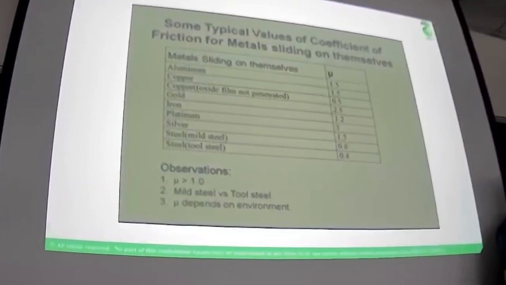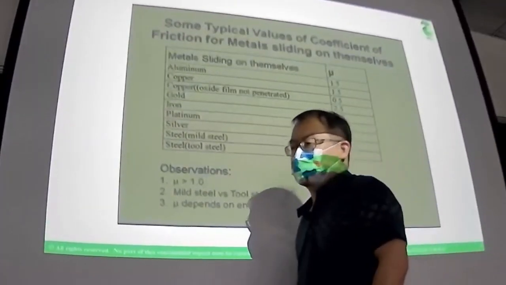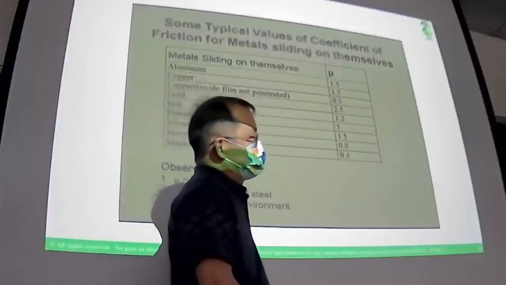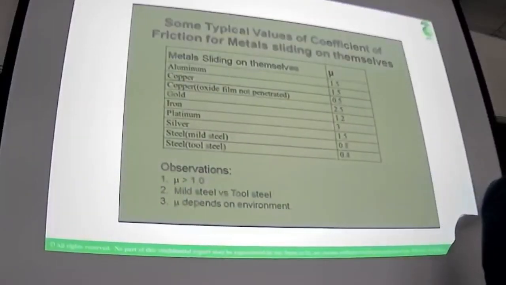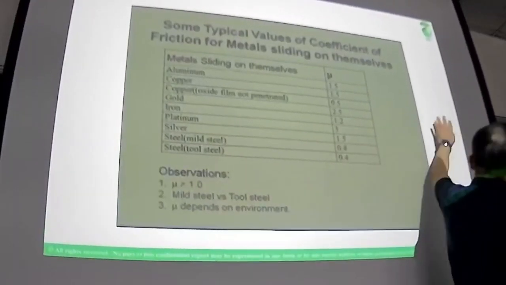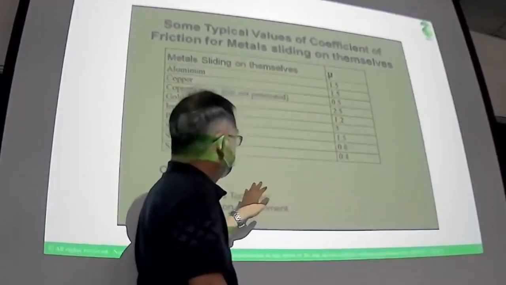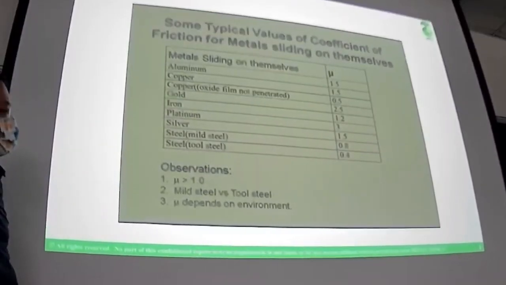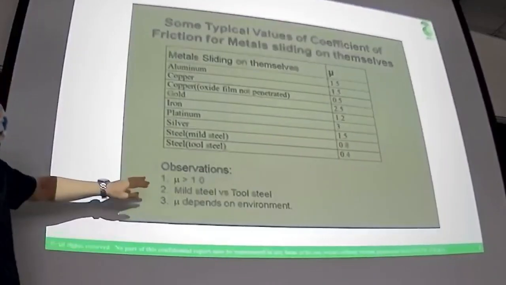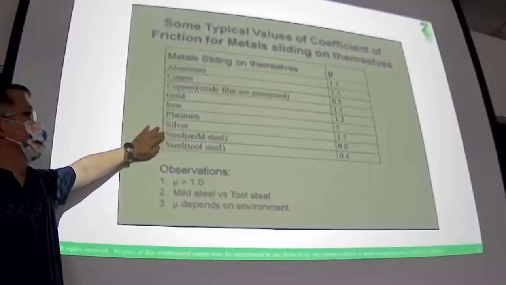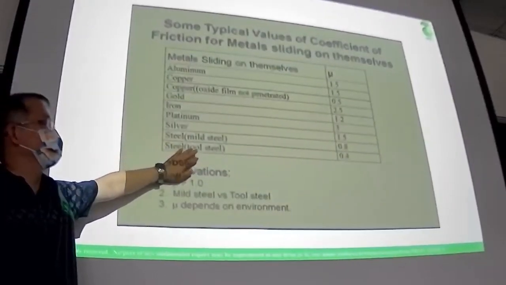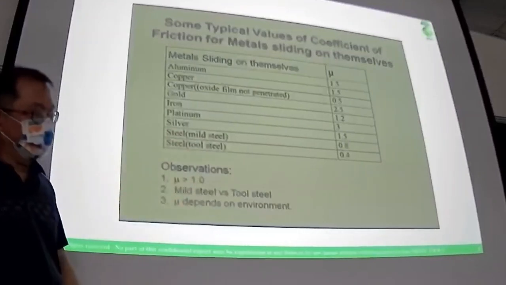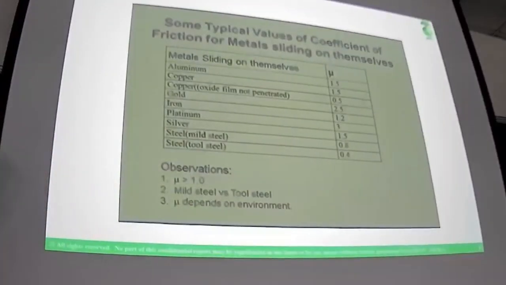Adhesive friction means that two similar materials actually stick together and are not easy to separate. If you have adhesive friction, which means they stick together, the coefficient of friction is usually high, bigger than 1.0 in most cases. Even if you have similar materials like steel, a mild steel and a tool steel, the carbon content is different, so you have a different coefficient of friction.